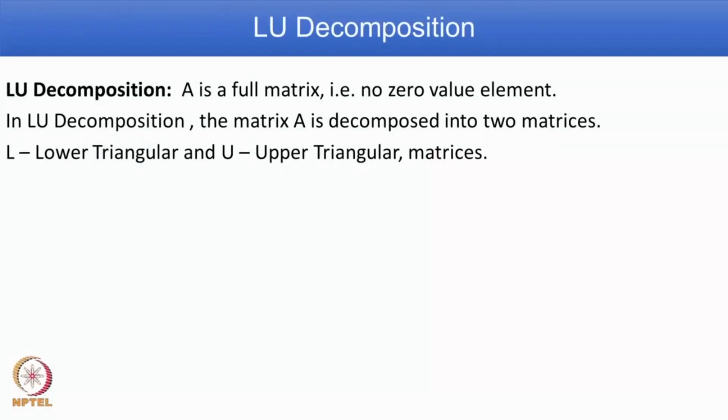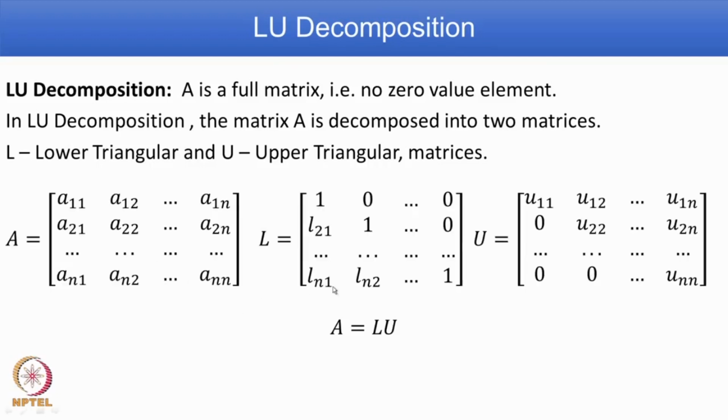LU decomposition. A coefficient matrix, say for example, has no zero value element; it is a full matrix. In LU decomposition, matrix A is decomposed into two matrices, L and U, where L refers to the lower triangular matrix and U refers to the upper triangular matrix, and it is shown here A is equal to LU.